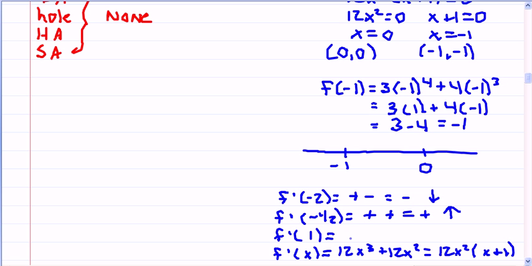And then f'(1) will be a positive times a positive, which will be increasing. So the graph is decreasing to the left of -1, but increasing between -1 and 0, and then between 0 and infinity.